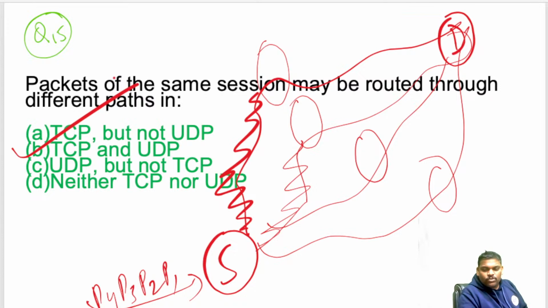See, whatever you know about TCP is the same: circuit switching, connection oriented, everything fine. The only difference is it is not physical, it is logical. Fine?